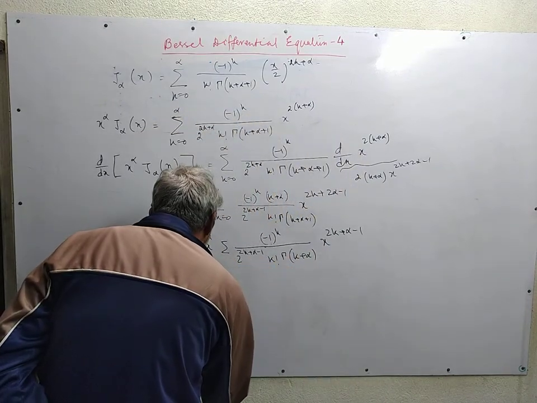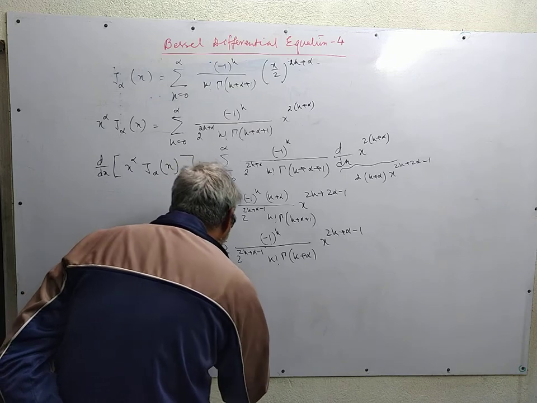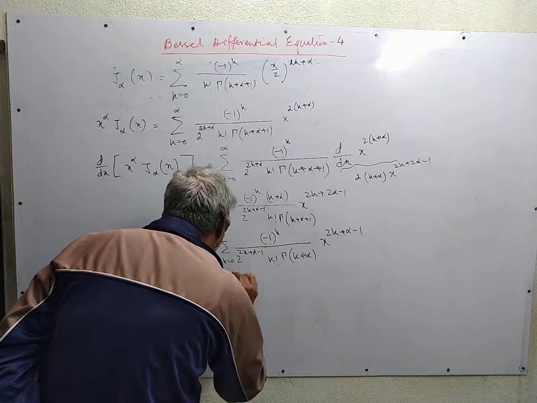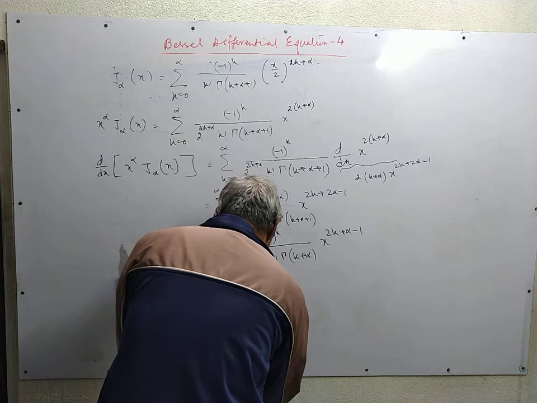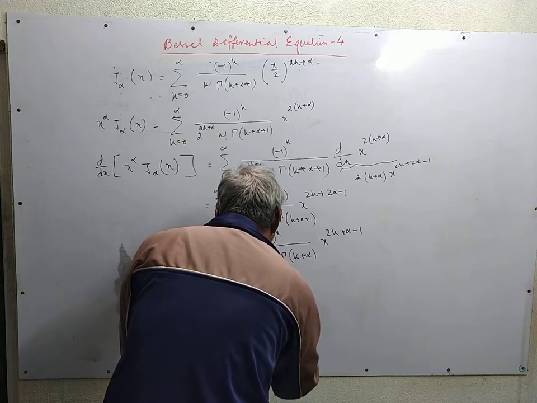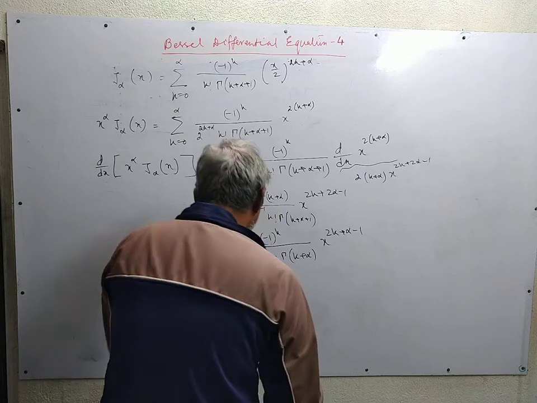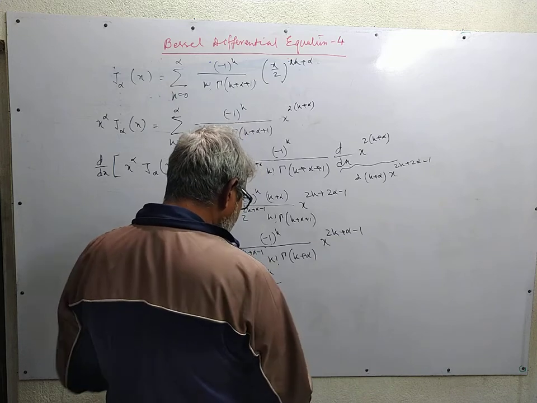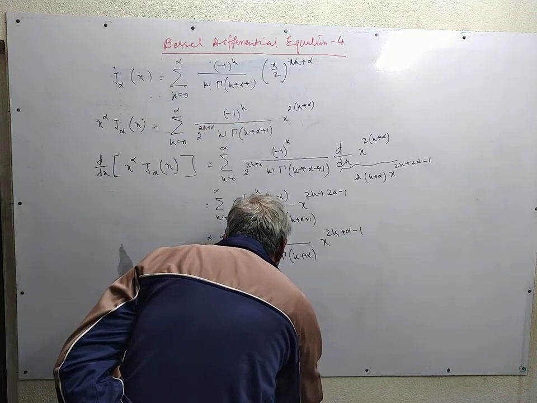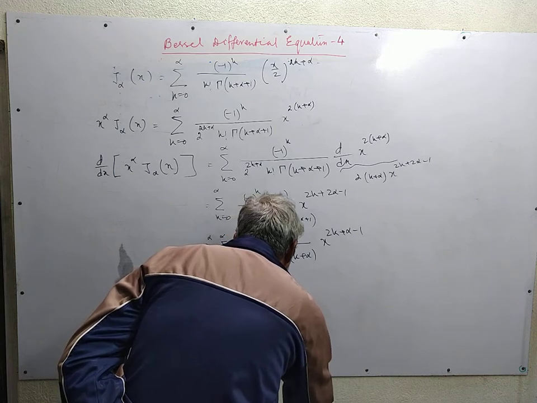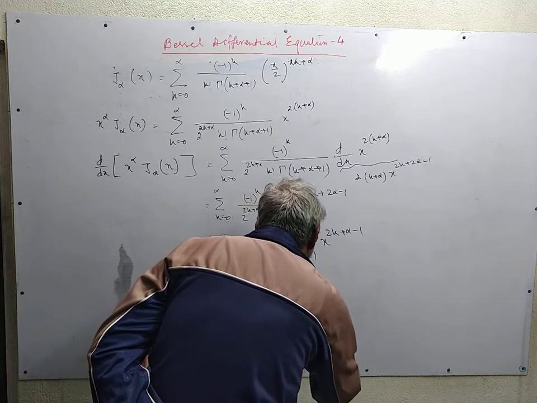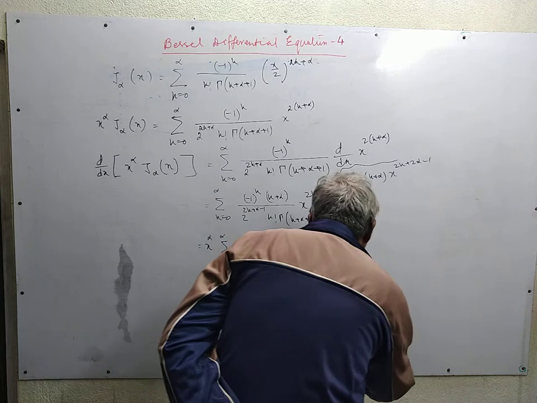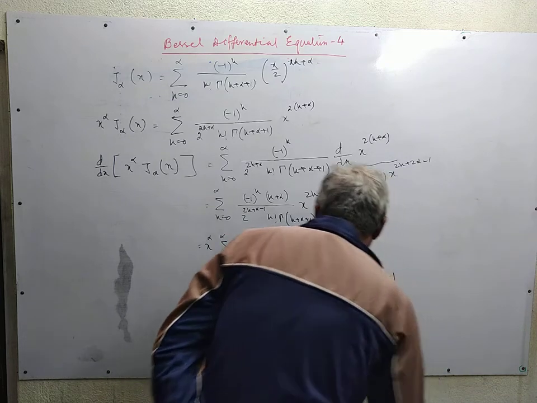We rewrite this as, you see that the power of x and 2 are the same, and we write it gamma k plus alpha prime plus 1 and x by 2 to the power 2k plus alpha prime, where alpha prime is equal to alpha minus 1.